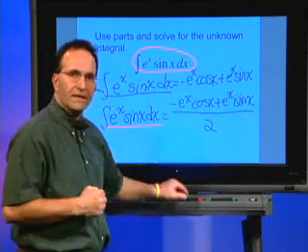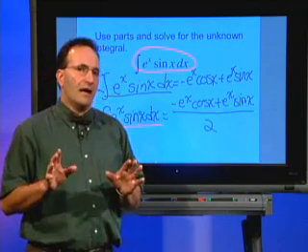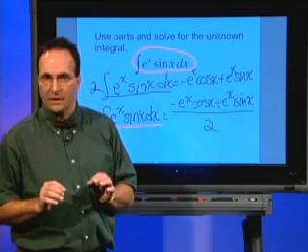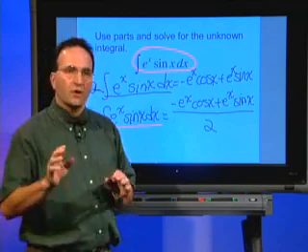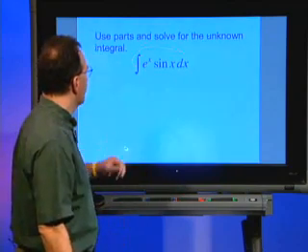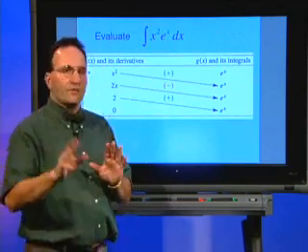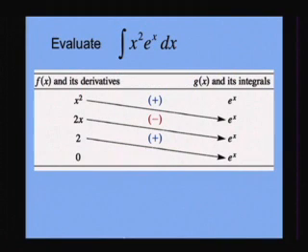All right, great. Let's examine now an example of tabular integration. So let me bring up this example, the integral of x squared e to the x dx. And what we're going to do is look at setting up a table where we have f of x and its derivatives.